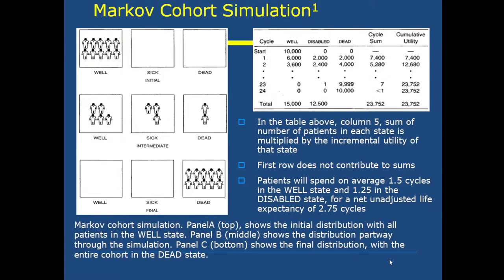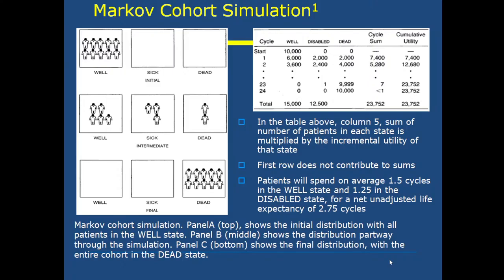Panel A top shows the initial distribution with all patients in the well state. Panel B, the middle level, shows the distribution pathway through the simulation. So all the patients are divided into three different groups.